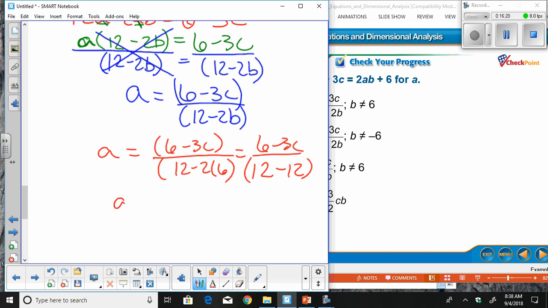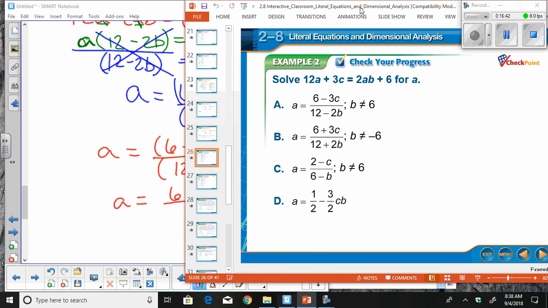And what is 12 minus 12? It's 0. So you'd have 6 minus 3c over 0. And guess what can't happen? You can't divide by 0. So in order to keep this a real answer, b cannot equal 6, because if b equals 6, you get a 0 in the denominator, and we can't have that. So that's why they're saying that b cannot equal 6.